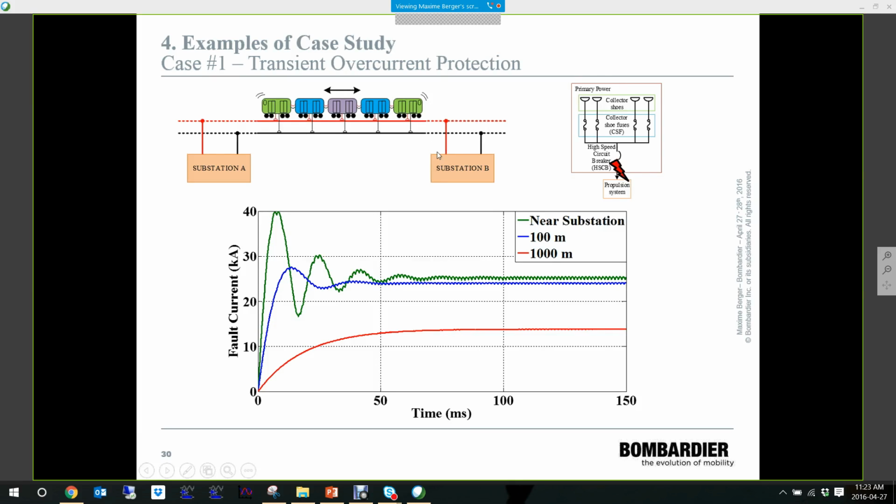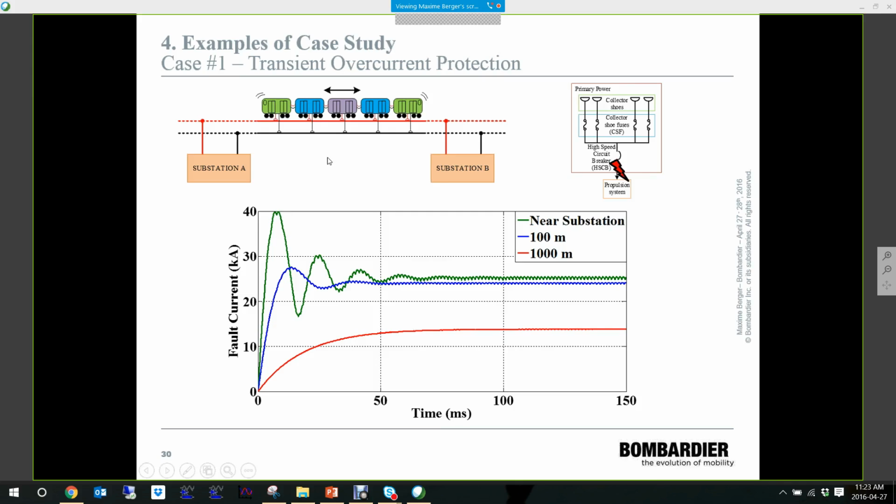Let's neglect substation B here. If we are close to substation A, we expect a high rate of rise of the current and also a high peak current. But as we move away from the substation, the rate of rise will decrease, as well as the maximum steady state current.